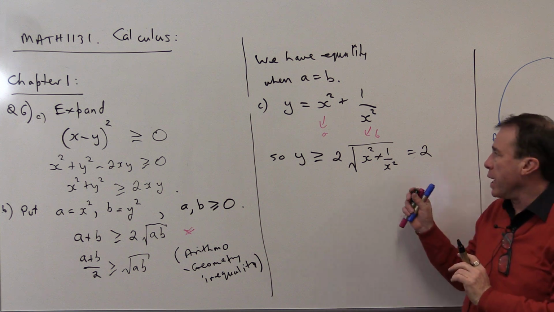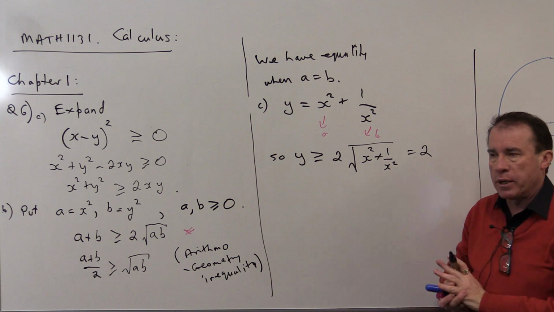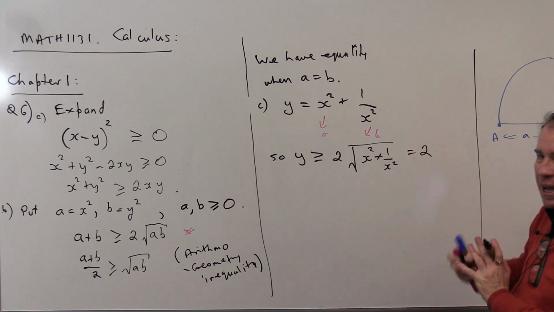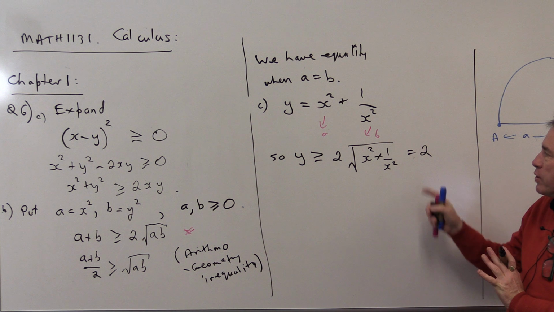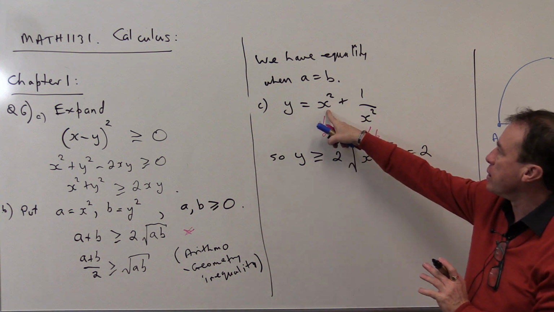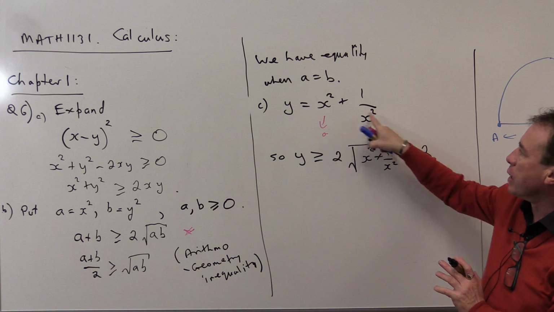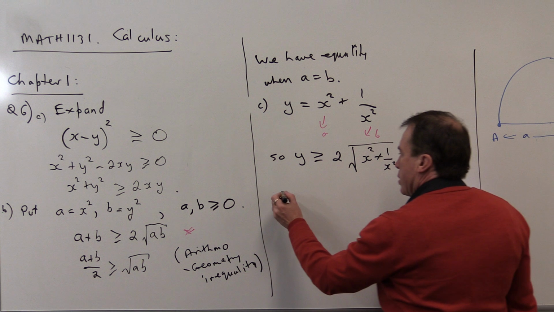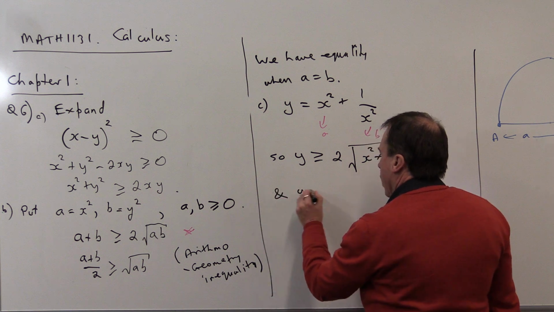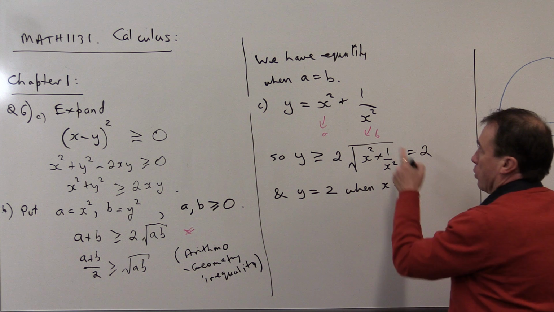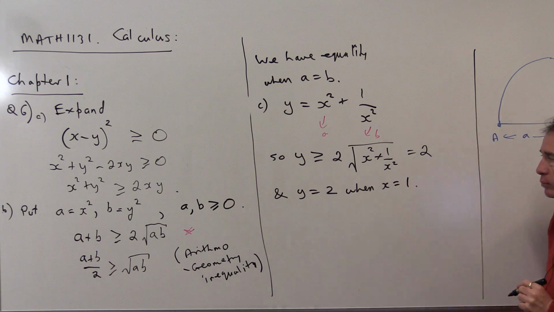Bit of a subtlety here. That doesn't mean that 2 is necessarily the minimum. It just says that y has to be at least as big as 2. So we have to check that y can actually take the value 2. If we look back here, if I put x as 1 in both places, I will get indeed y equals 2. So y equals 2 when x equals 1, or if you will, minus 1.